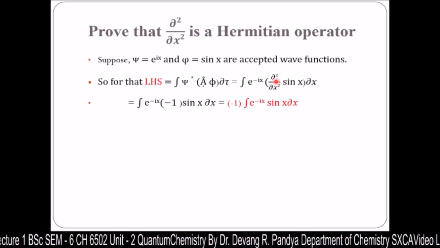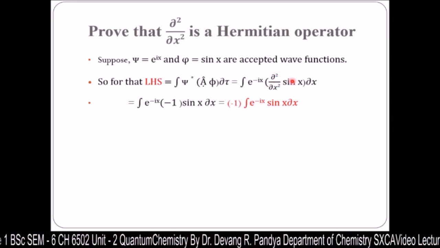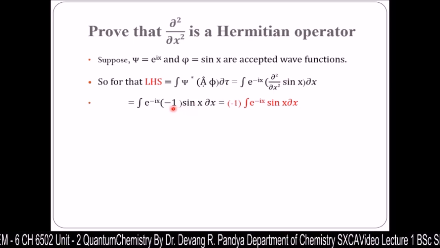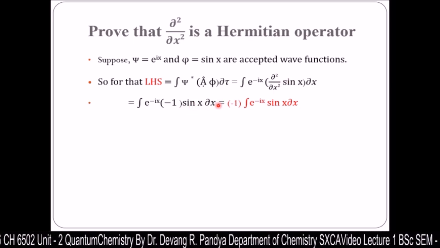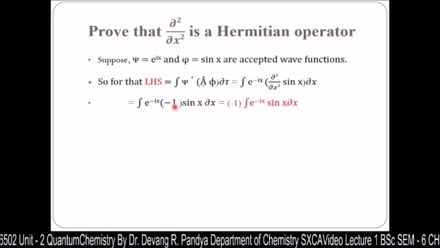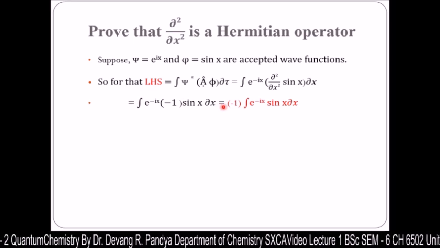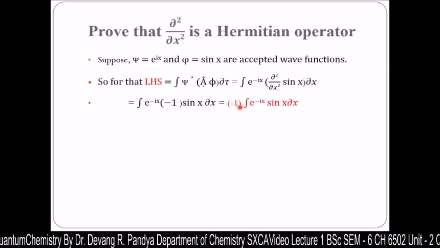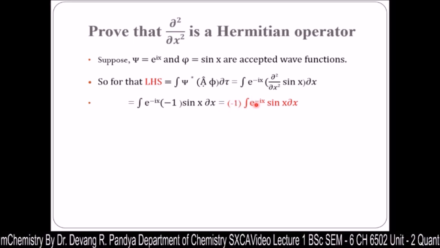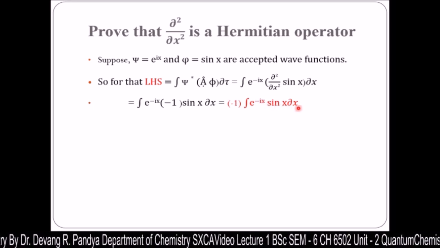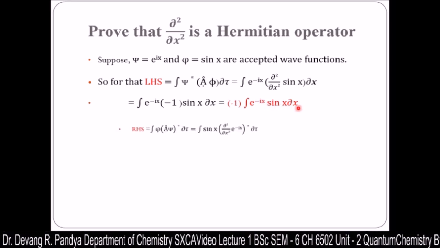When the operator d square by dx square operates on sin x, we get the same function sin x with the constant value minus 1, dx. Now minus 1 is a constant value, so we can keep it outside the integration. That gives minus 1 integration exponential minus ix into sin x dx. So this is our left hand side.